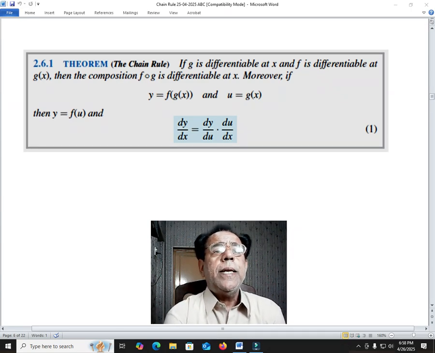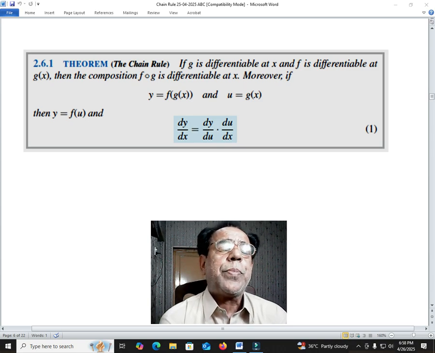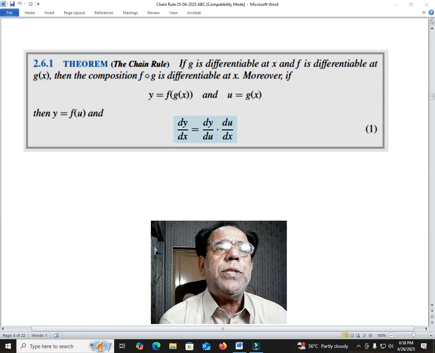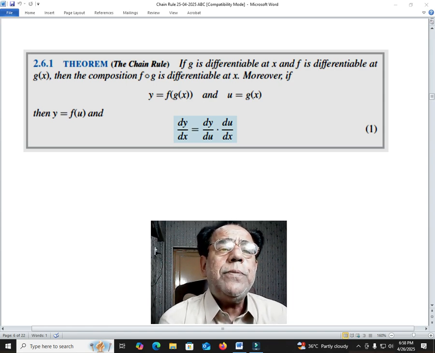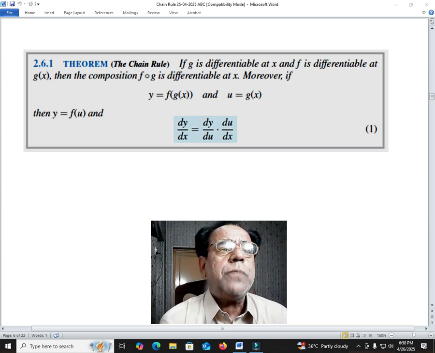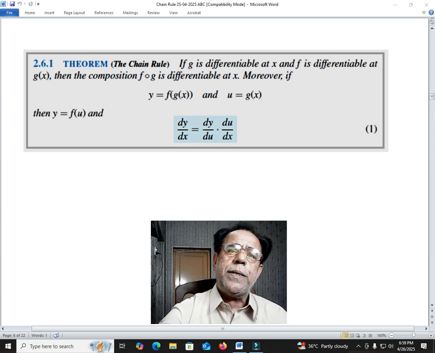Another version: if g is differentiable at x and f is differentiable at g(x), then the composition f∘g is differentiable at x. Moreover, if y is equal to f(g(x)) and u is equal to g(x), then y equal to f(u) and dy/dx is equal to dy/du · du/dx.